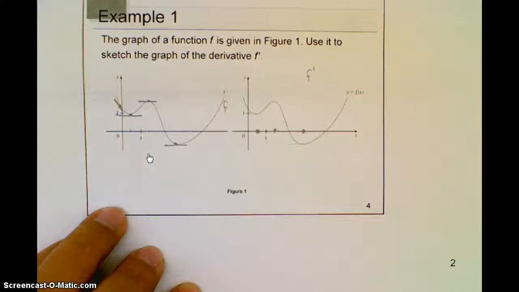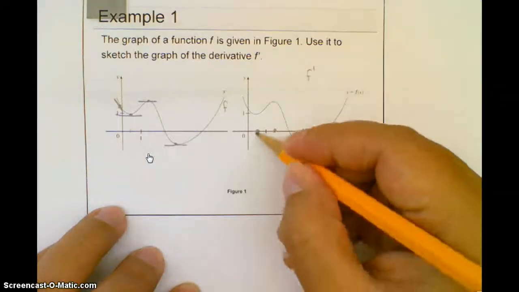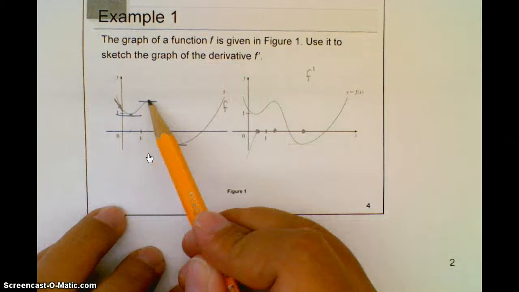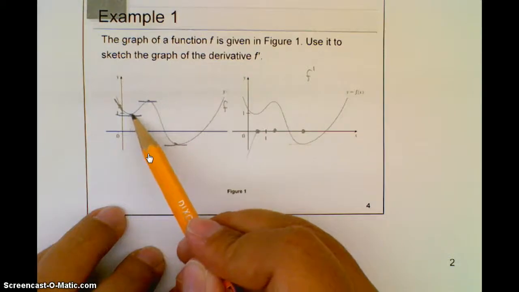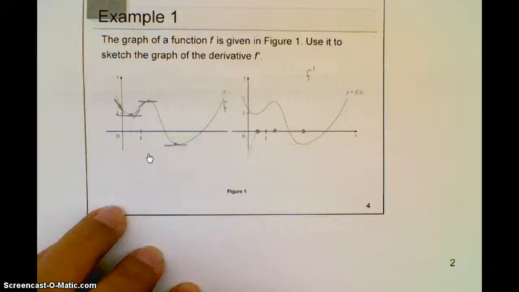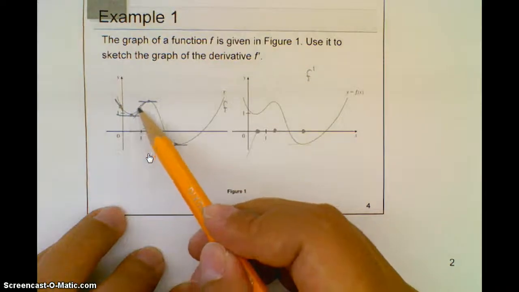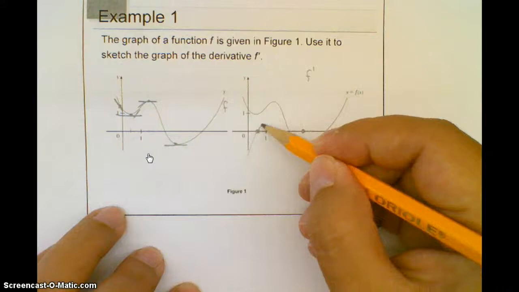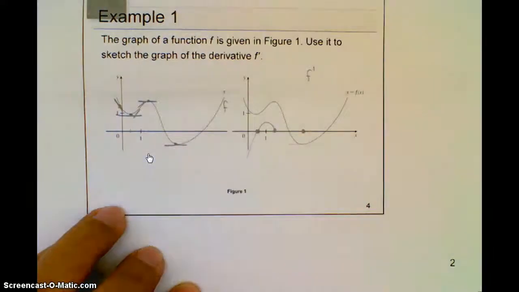Now what happens to the left of this 0? The slope is negative, so I know that it's going to be a negative value. What happens between this 0 and this 0? The slope grows, but then decreases. It becomes positive, and then it stops growing, and then it goes towards 0. So I know that it's going to be like that.